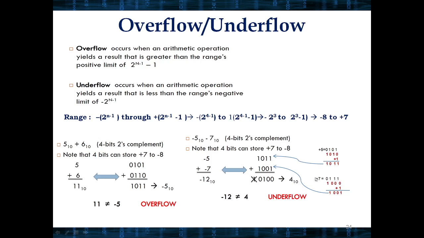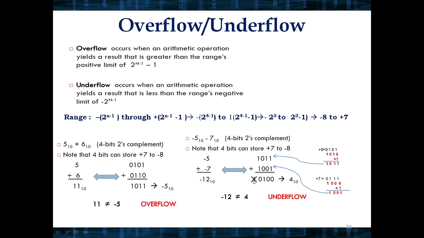Then minus 7 to convert into 2's complement: first you have to take the positive value of 7, take the 1's complement, and add 1 to it. So you will get 1001. Now add these two numbers, 1011 and 1001. We will get one extra bit here, so we need to ignore it, because we are considering a 4-bit number system.